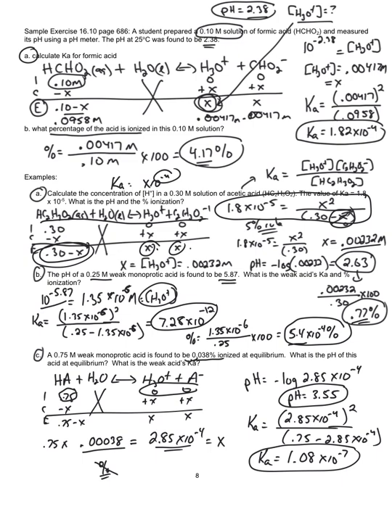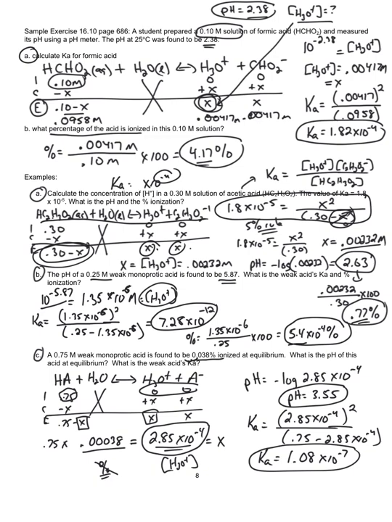So it's 0.00038, which is out of percentage mode, times 0.75 gives me a value of 2.85 times 10 to the negative 4th. This is the amount that decreased, which is the value of X, which also tells me the concentration of the H3O+. So now if I take the negative log of that number, I get a pH of 3.55.